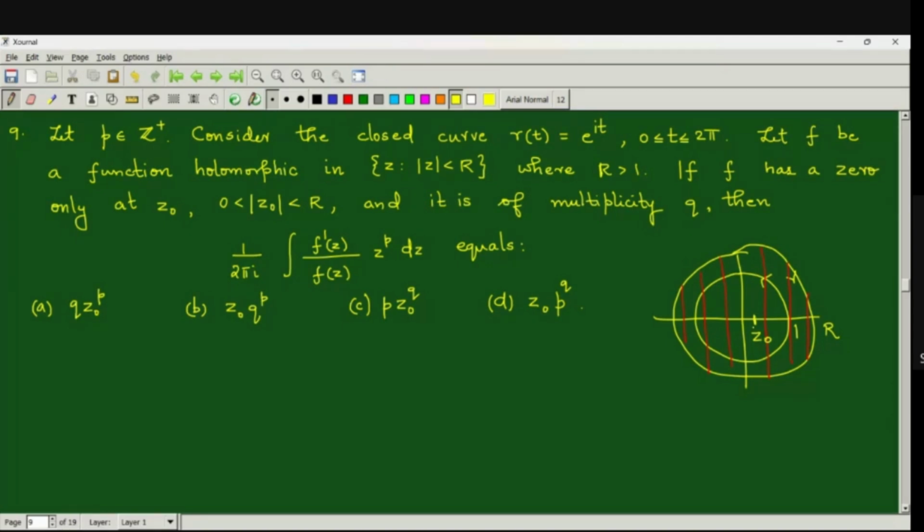Once you are done, let me know. You have to use F has a 0 only at set naught. And is of multiplicity Q. That has to be used. So start with that.